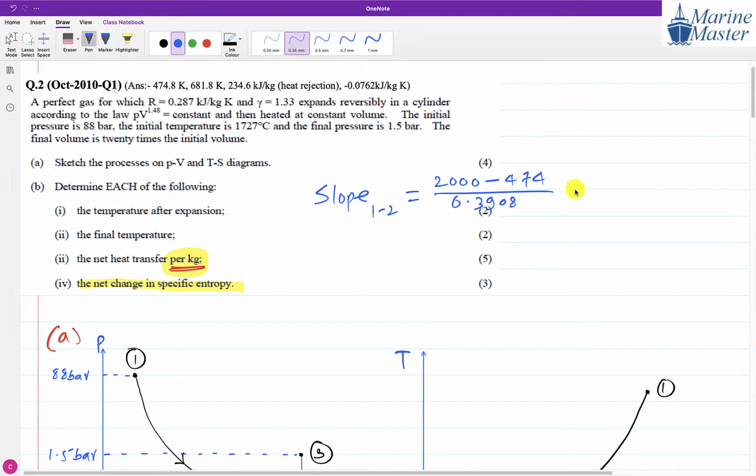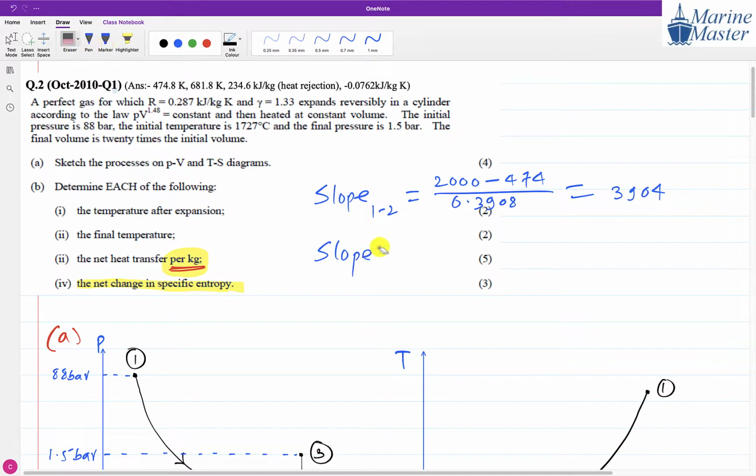See the things here carefully. So how much value do we get for the slope? 2000 minus 474 divided by 0.3908 gives 3904.